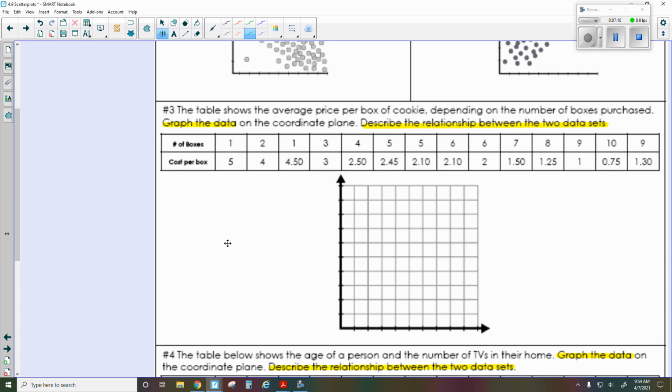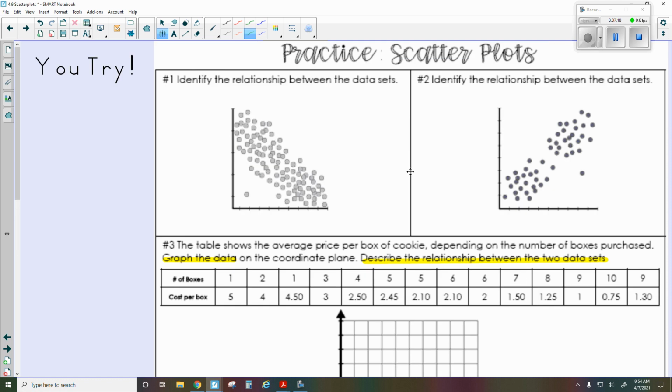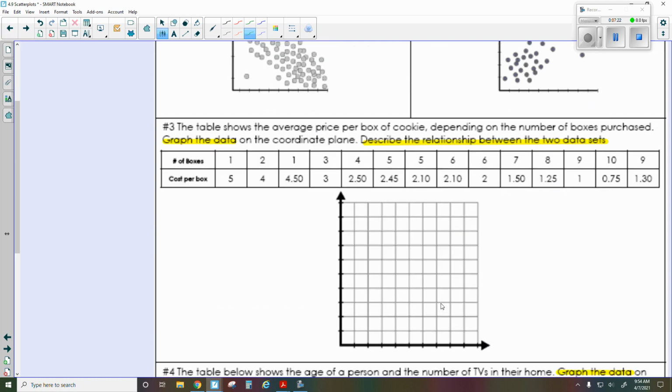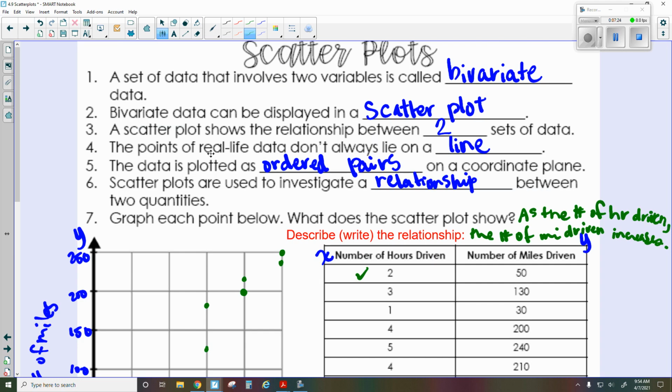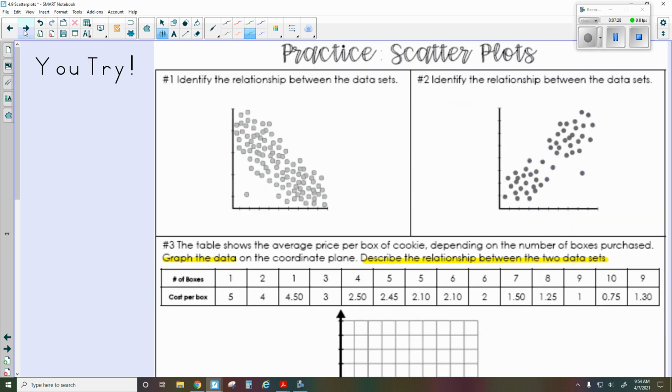You're just going to take your data like we did, plot it on the graph, label your X and your Y values. And then I want you to describe the relationship, just like here, but then I also want you to write in words what this relationship means. And we wrote that here, okay? So I'll give you a few minutes to do that, and then we will check your work.